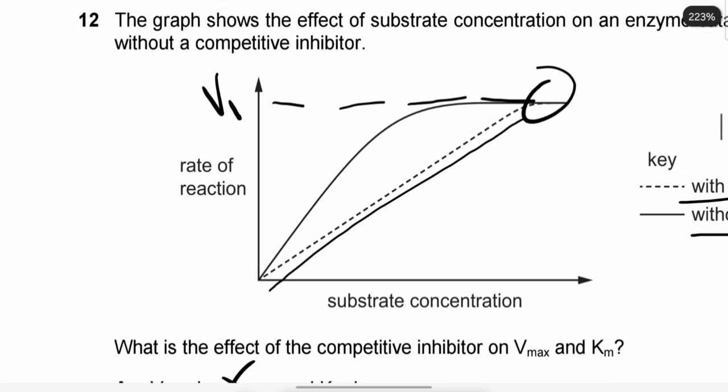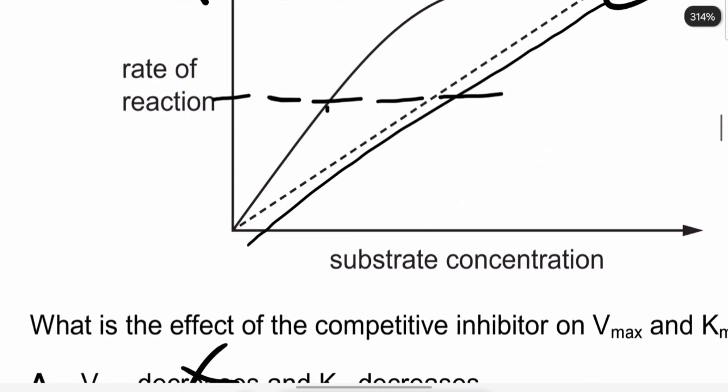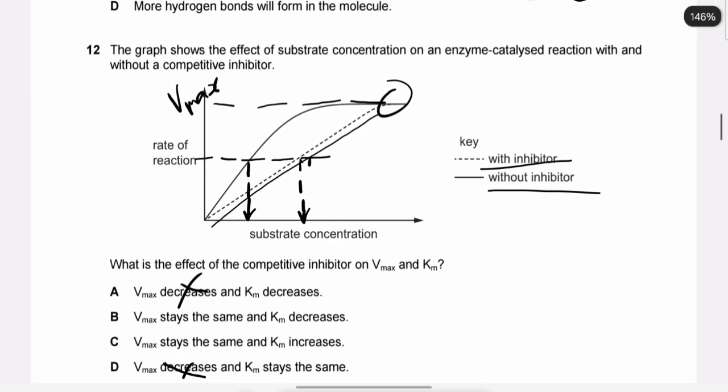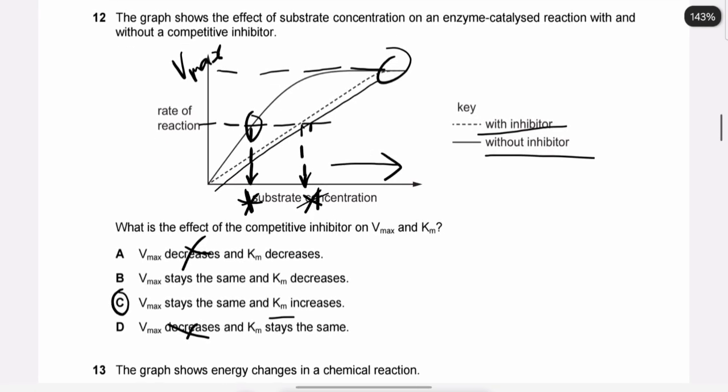So if this is our Vmax, half the maximum velocity will be somewhere here. And now let's compare the substrate concentration for the two Km values. We can see that without inhibitor we are here, and with inhibitor we are here, meaning our Km increased. So then our answer becomes C.